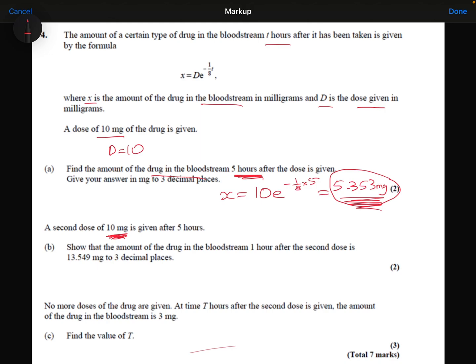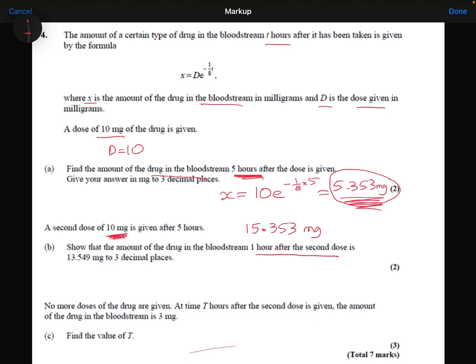So precisely at the moment when that second dose is given, there is actually 15.353 milligrams of the drug in the bloodstream: 10 milligrams of the new dose plus 5.353 milligrams of the first dose that's still left over. So 15.353 milligrams in total in the bloodstream.